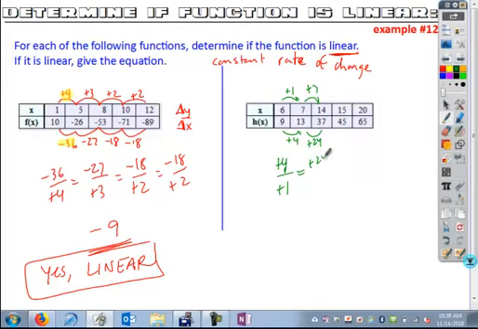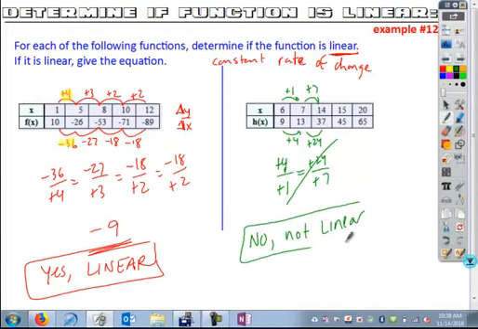So is 24 over 7 the same as 4 over 1? No. So right away, we know this is not a linear function. And you can stop. Once you find that it doesn't pass, you can stop. If you find that it does pass, just keep moving until you confirm that all of the corresponding cells yield that same rate of change.